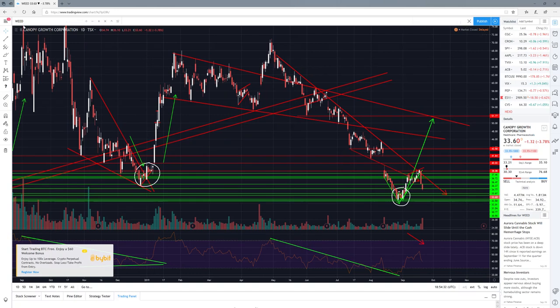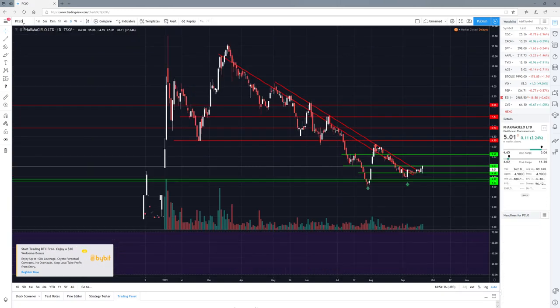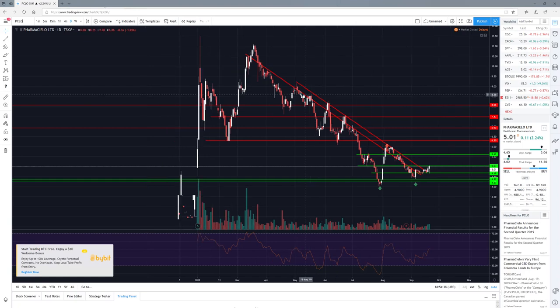Let me show you one of my falling knife buys with nothing to the left. Still actually very nice. I have an uptrend starting. So when things go down this fast, it goes down within 2 weeks.